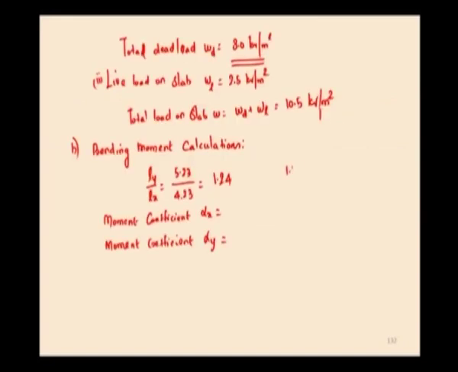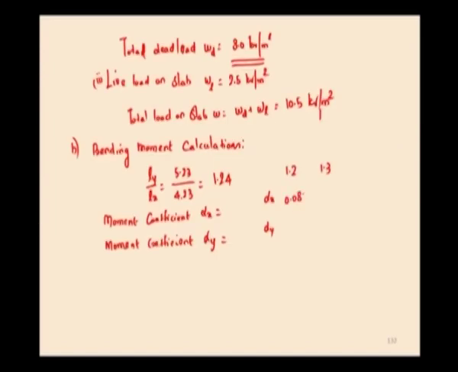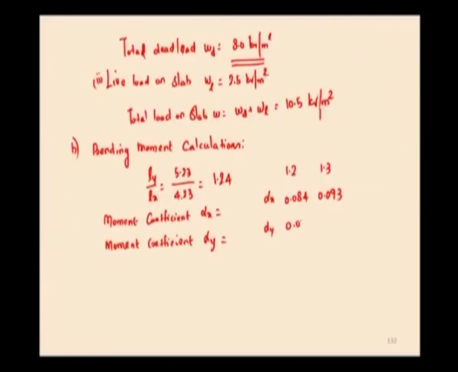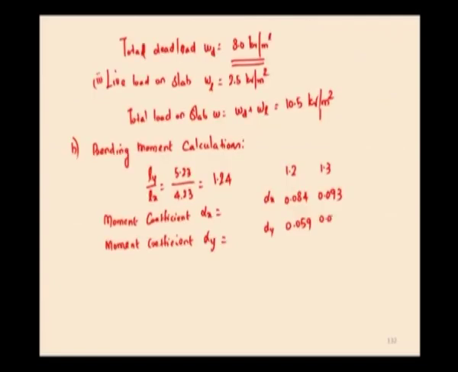So, for 1.2 alpha x is 0.084, for 1.3 it is 0.093, and for alpha y, for 1.2 it is 0.059, and for 1.3 it is 0.055.